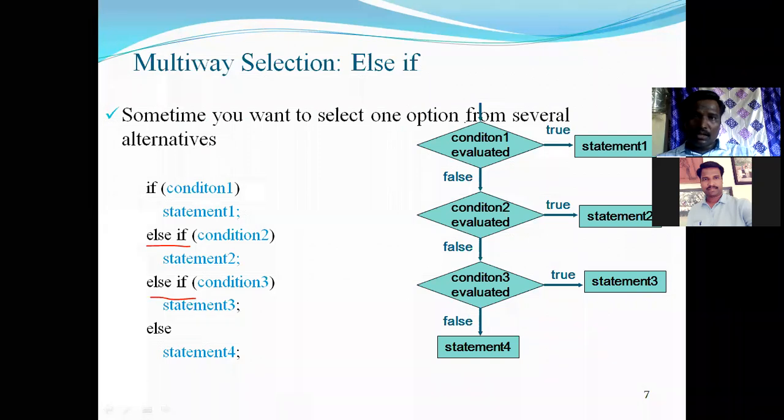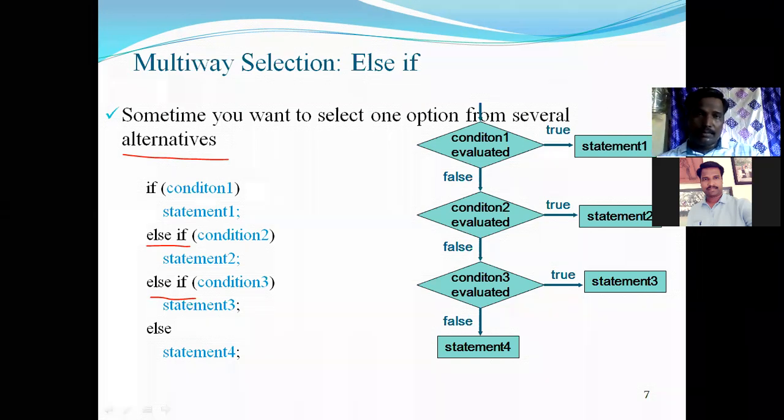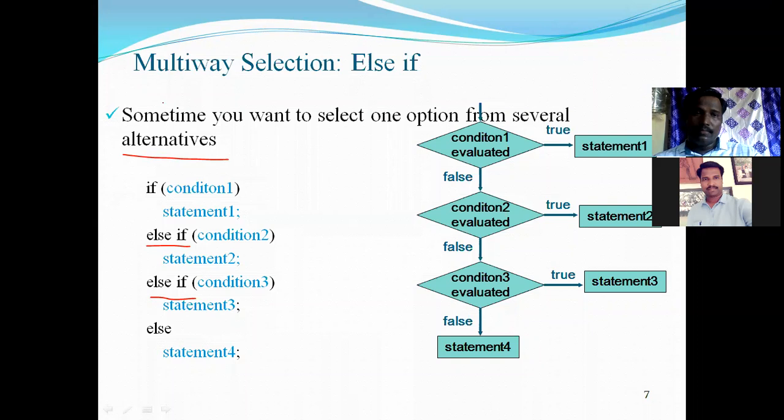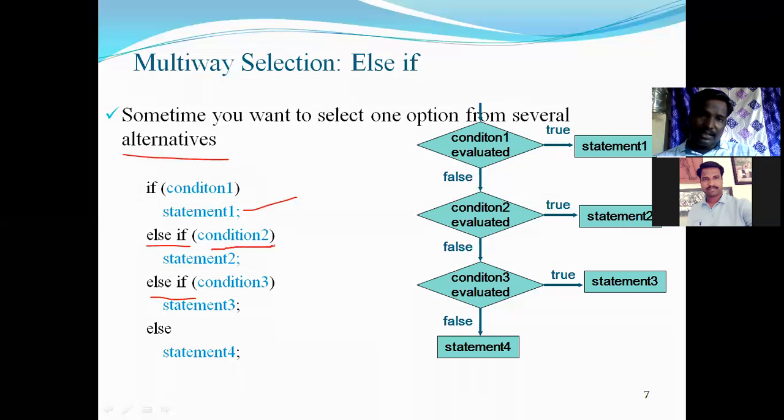Sometimes you want to select one option from several alternatives. If there are several alternatives available, then you have to choose any one of many options. In such cases, we go with multi-way selection, that is else if. If the condition is true, then statement one gets executed, and if false, it will check the second condition.